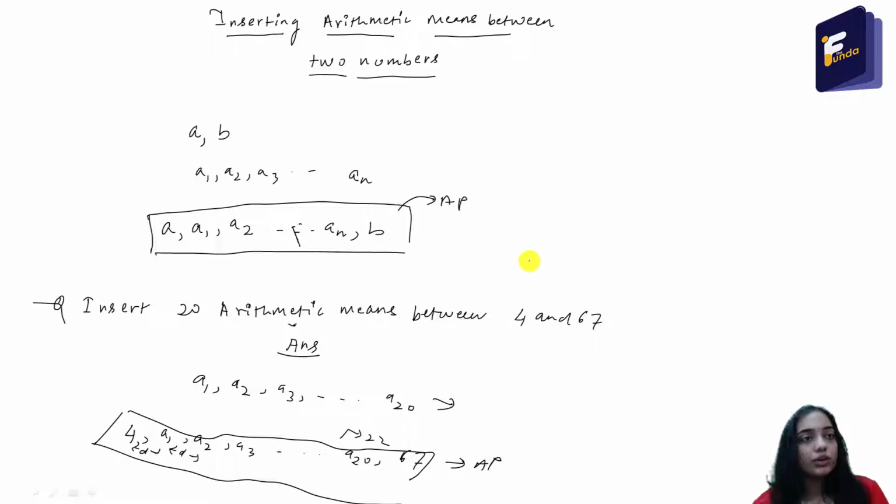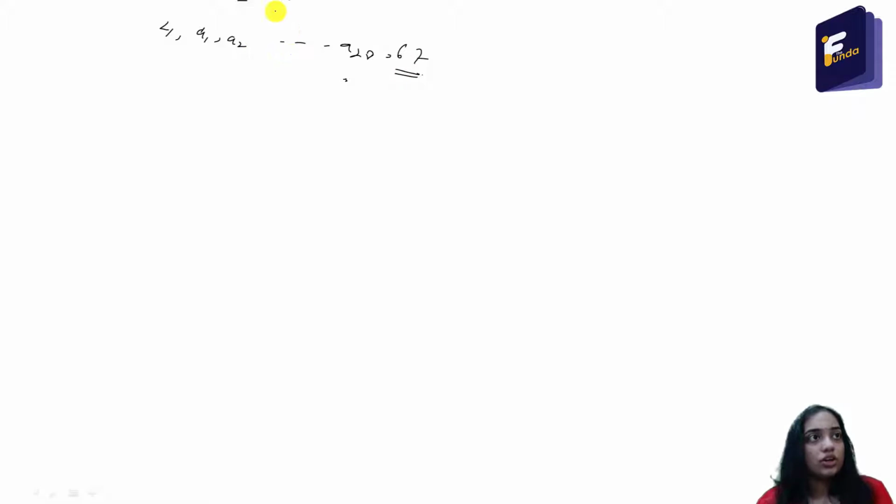So how are we going to find it? As we know, there are 22 terms in this AP, and the last term is 67. What is the formula for the last term? It is A plus n minus 1 into D, the formula for the nth term, and here it is the 22nd term.